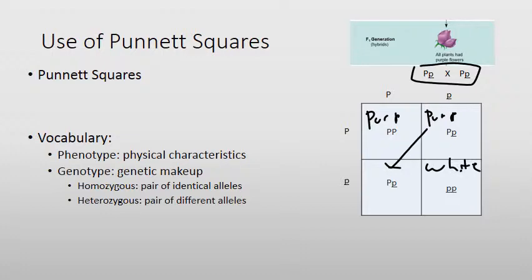So we come out with a 3-to-1 ratio of purple to white, which is exactly what Mendel found. And this is the F2 generation that was created.